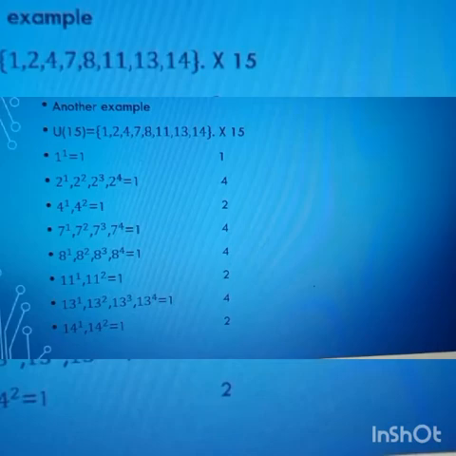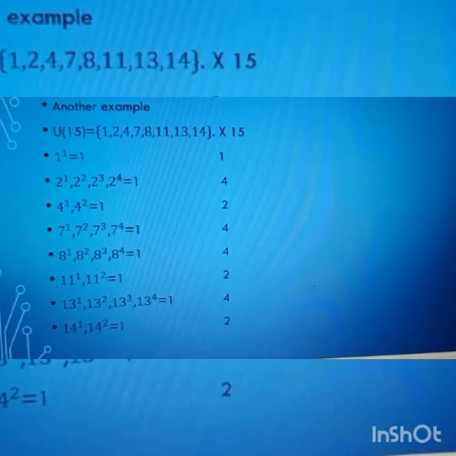Then the second element: 2 to the power of 1 is 2, 2 to the power of 2 is 4, 2 to the power of 3 is 8, and 2 to the power of 4 is 16, modulo 15 is equal to 1. So, the order of the element 2 is 4.